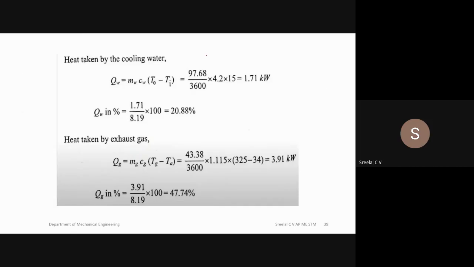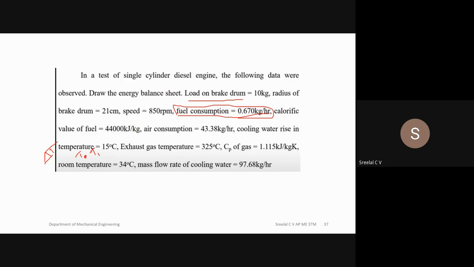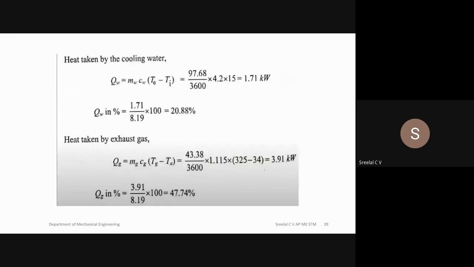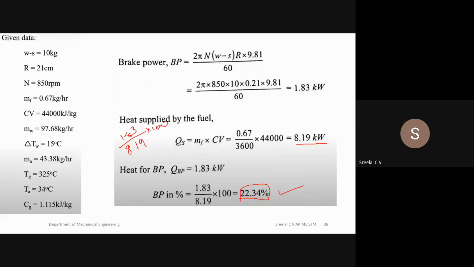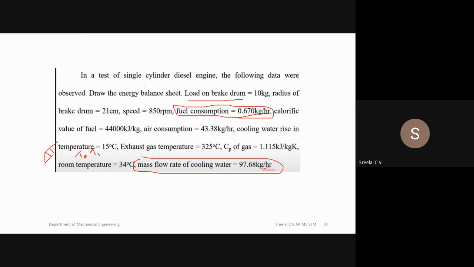Okay, so similarly here, the heat taken by the cooling water is denoted by QW. What was MW? The mass flow rate of the cooling water. Again, it is given in hours, so we have to convert it into seconds. So we will be dividing by 3600, and CW for this particular thing is given as 4.4.